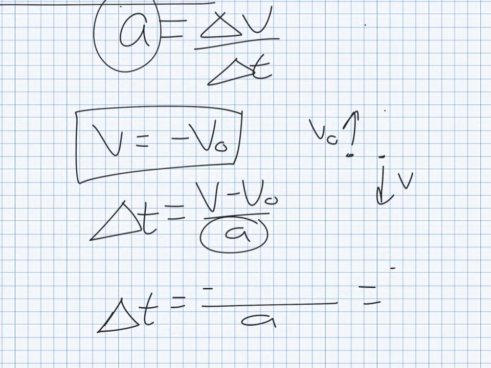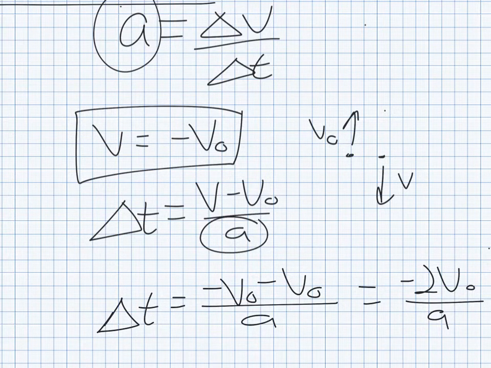Negative v0 minus v0, which is equal to negative 2 v0 over a. Obviously this is negative, but if you choose your axis to be the opposite direction, this would be positive instead.